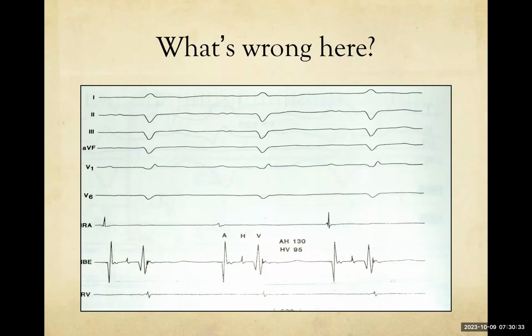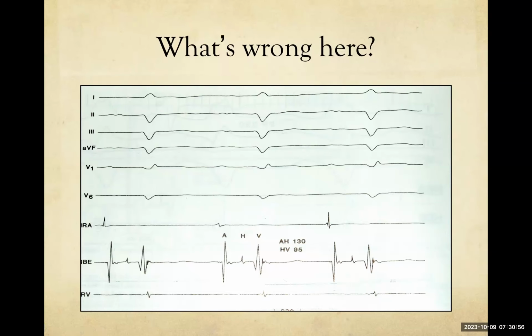So we record the atrial electrogram at the low right atrium close to the AV node, and we record the His bundle, and we infer that this interval going from the low right atrium to the His is the conduction through the AV node. And then from the His to the V is the His Purkinje system conduction. And so this would be infrahisian disease.